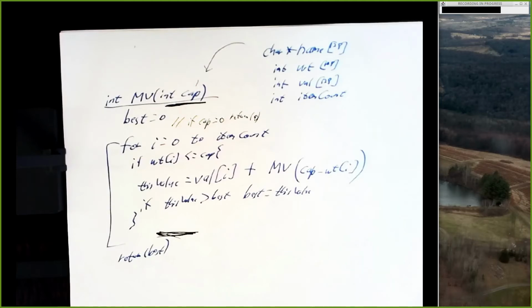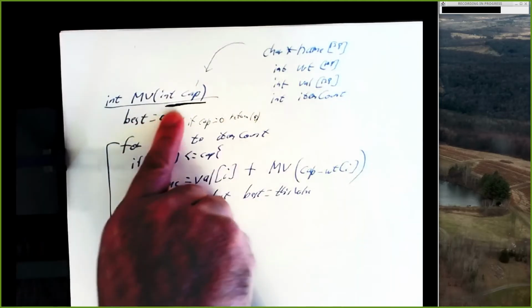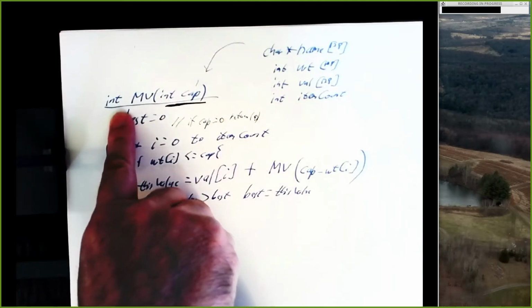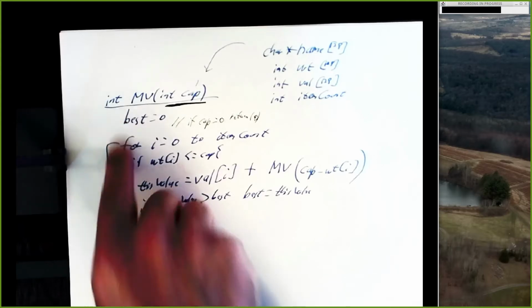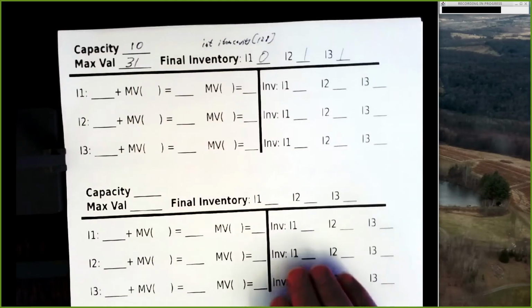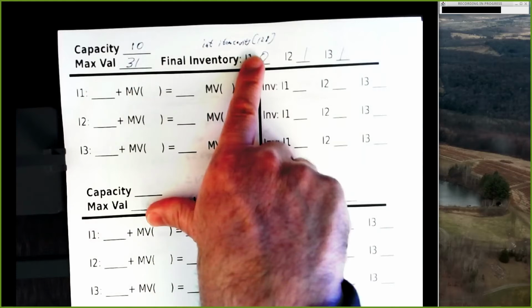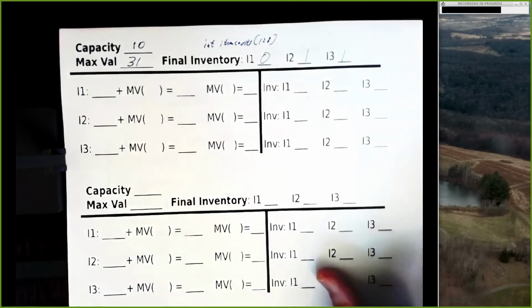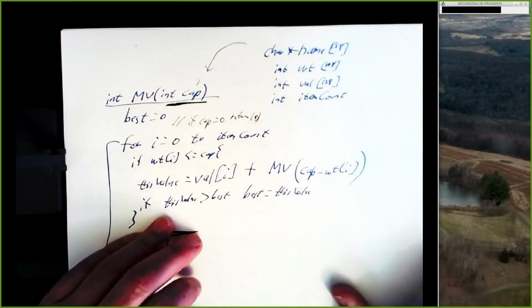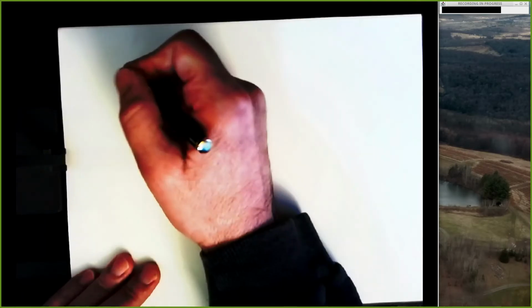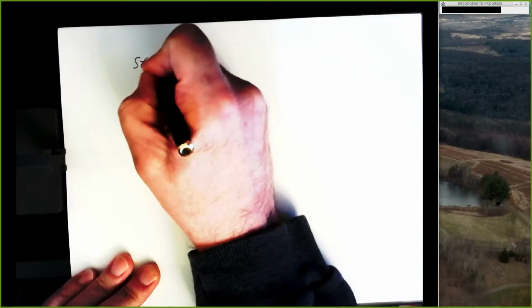Well, the question is, how do we get MaxVal to return all that information? Because right now MaxVal is just returning an int. We need to return an int plus something like an array. So this is what structures are for. You could make yourself something like a struct answer.